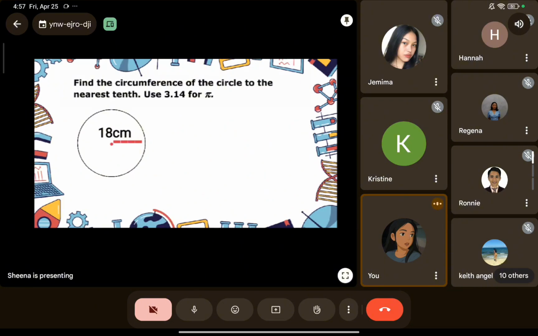Use 3.14 for pi. Tell me your answer. What is your answer to this problem? 113.04, rounded to 113.0. Okay, let's see if your answer is correct.